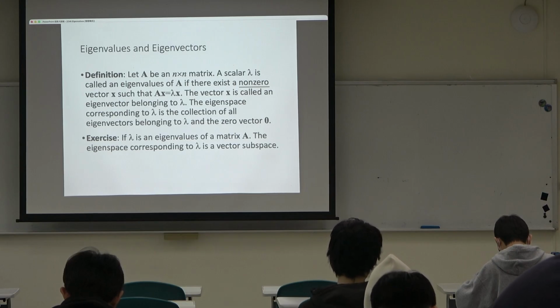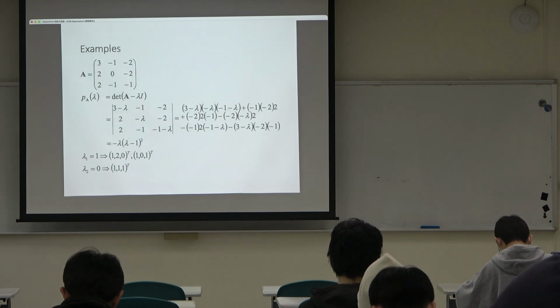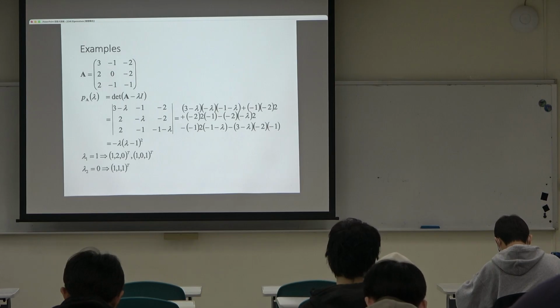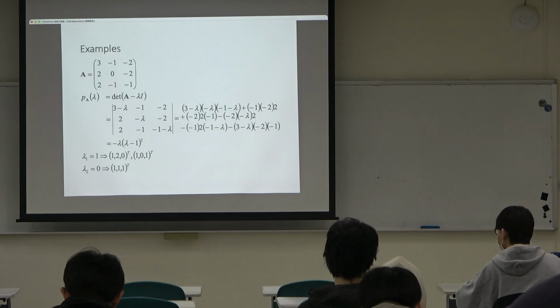So this example happens to show you we have a 0 eigenvalue and obviously a non-zero corresponding eigenvector.